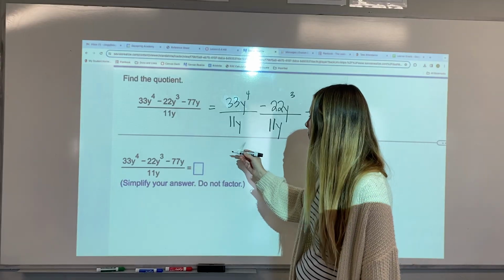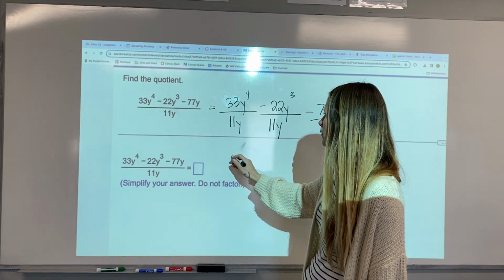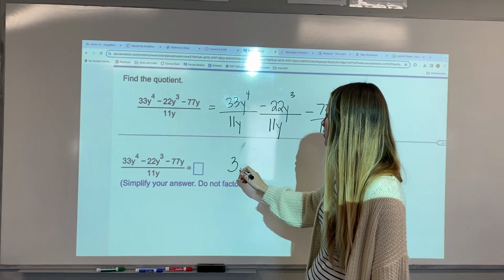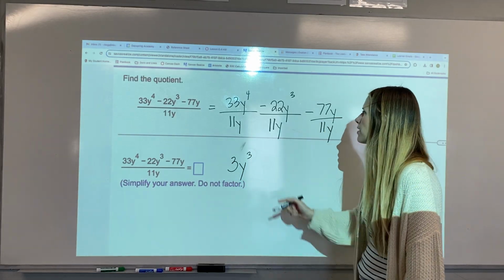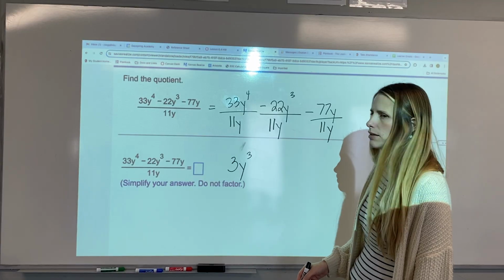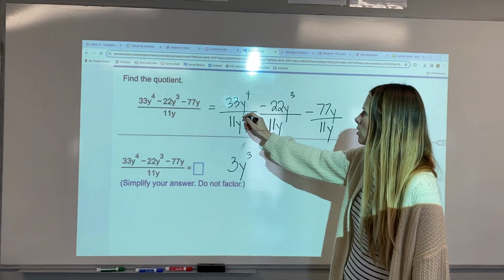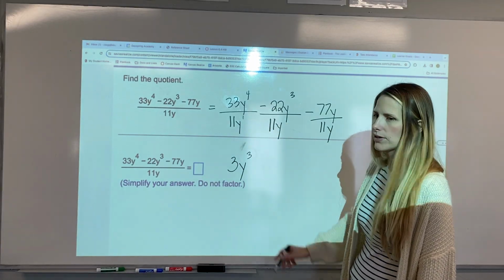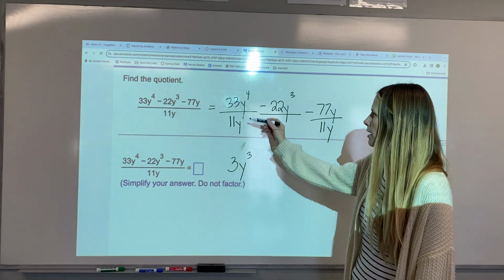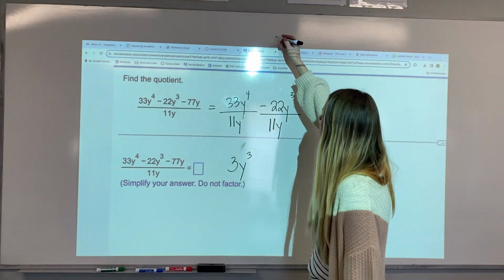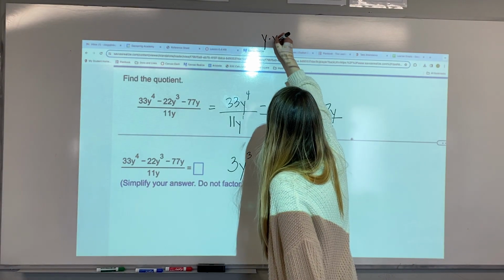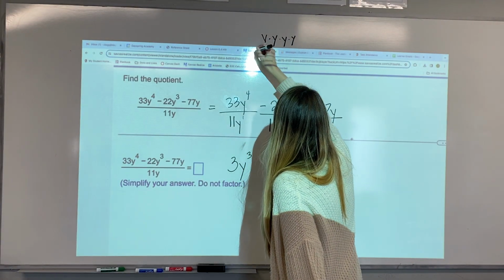So go ahead. 3y to the 3rd, good. Then we have a negative 22 divided by 11. 4 minus 1 is 3. Same base is being divided, subtract your exponents. You want me to prove it to you? Y to the 4th is y times y times y times y, right?